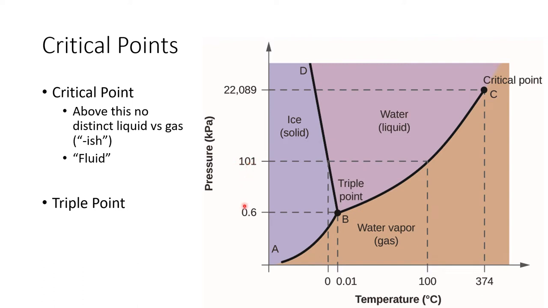So this pressure is down at 0.6 kPa. So what's happened? As we brought the pressure down, remember that it is a function of both pressure and temperature. So here's our normal point at 101 kPa, right? We expect the boiling point of water to be 100 C.